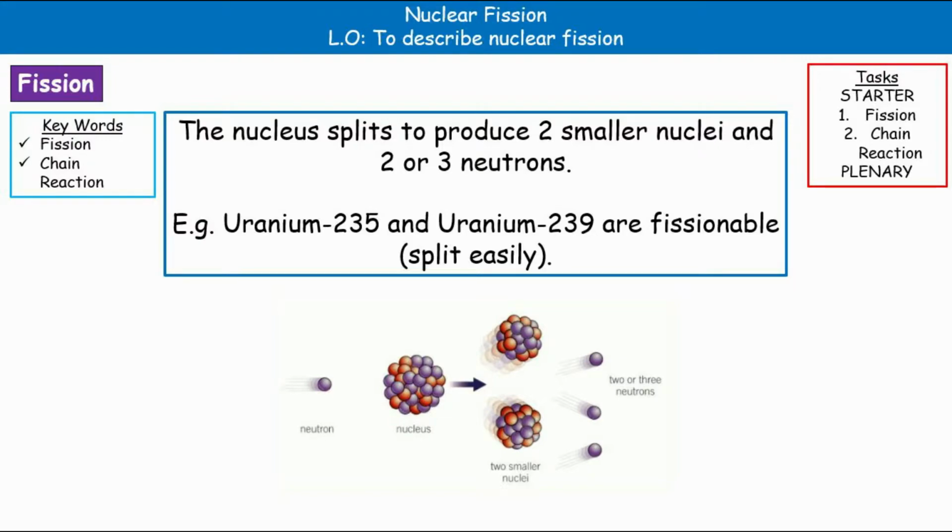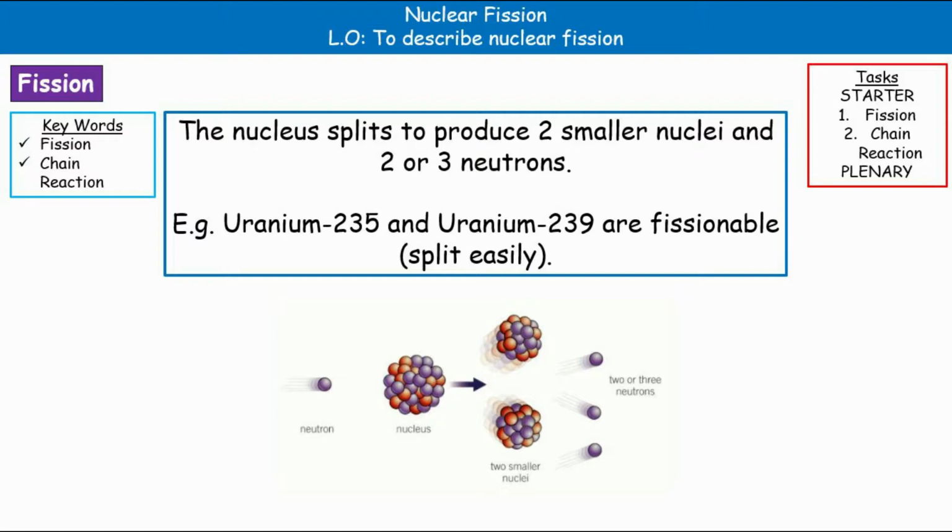Sometimes it's far easier to visualize this with a picture. So at the bottom of your screen, you can see we've got our large nucleus, first of all, and we can see that little purple blob zooming towards it from the left-hand side there. That's a neutron. So as that neutron joins with the nucleus, what happens is it's going to split to produce 2 smaller nuclei, which we can see just to the right of the arrow there, and it's also going to release 2 or 3 neutrons.